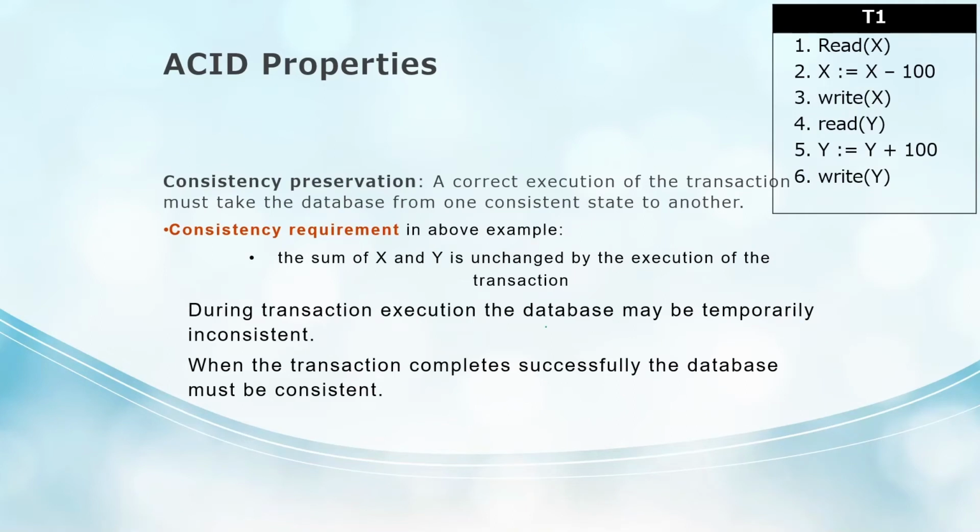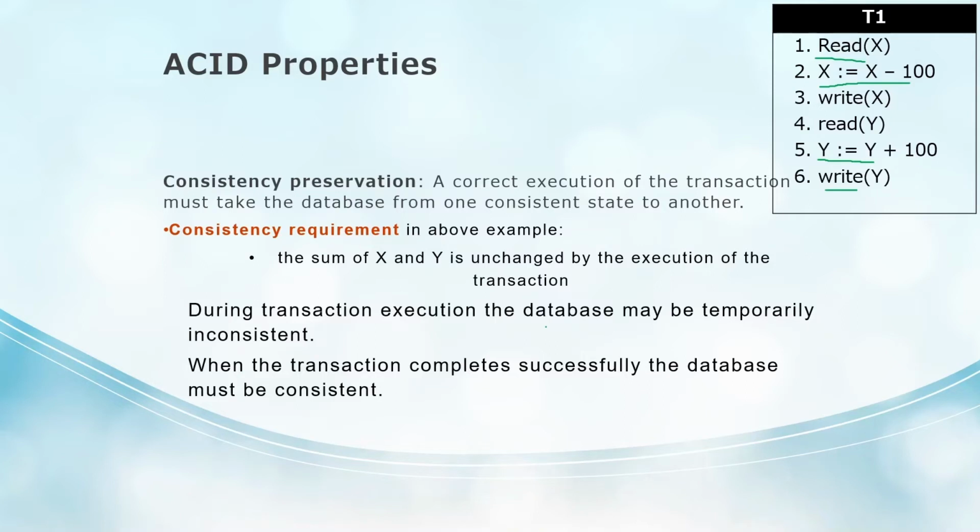Suppose we have these instructions: read X, then we are transferring 100 rupees from X to Y, so reduction of 100 rupees from X, then write X, read Y, addition of 100 rupees to Y, and write Y. So what is the meaning of consistency here in this example? The sum of X plus Y is unchanged by the execution of the transaction.